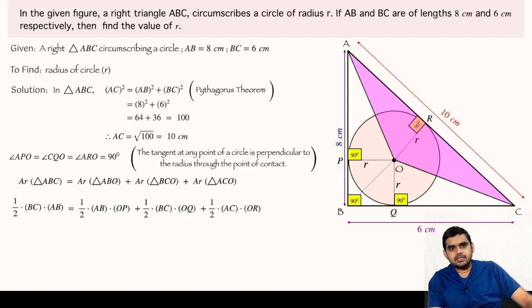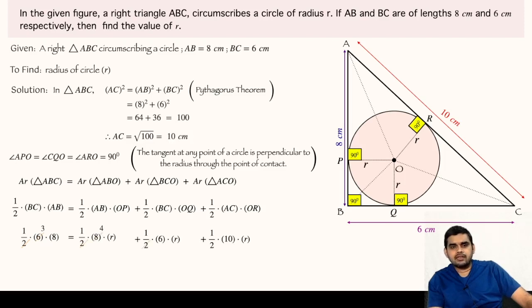Now let us substitute the values. So this will be half, BC will be 6 and AB will be 8, equal to half times 8 times OP, and so on. OP, OQ and OR are the radius. Hence, in place of OP, OQ and OR, we will substitute small r. Now let us simplify.